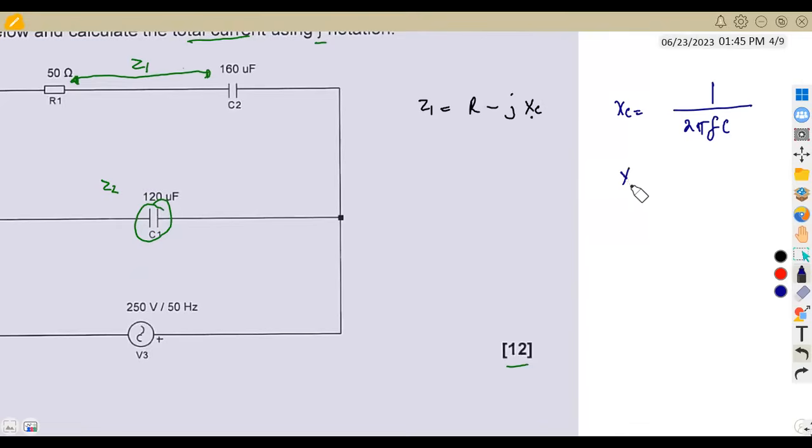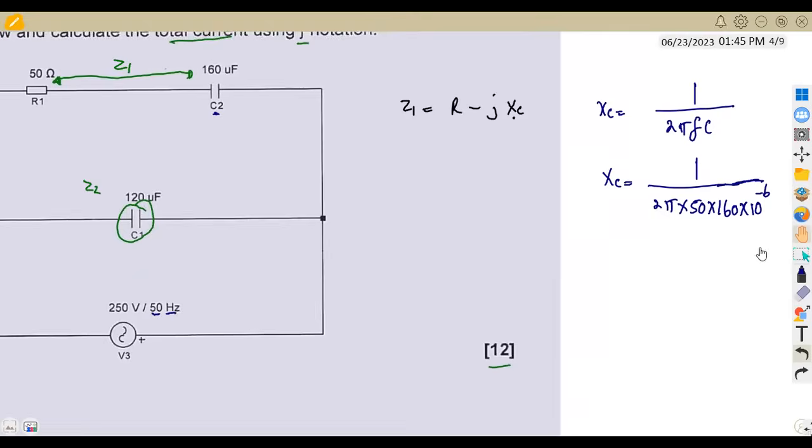So that is 1 over 2 pi times the frequency measured in hertz, which is 50, times the capacitance. In this case, our capacitance C2 of 160 microfarad is 160 times 10 to the exponent of -6. All right, so we can have our XC, which is going to be something like 19,894.